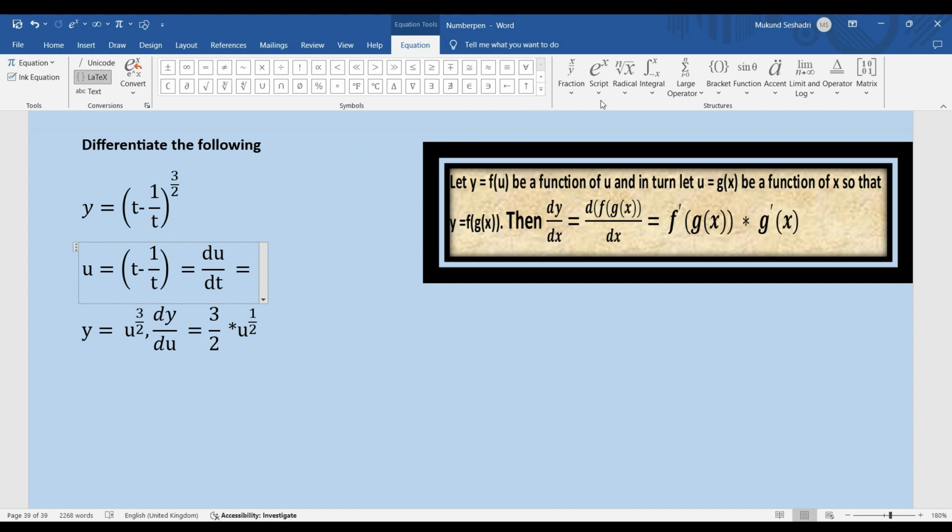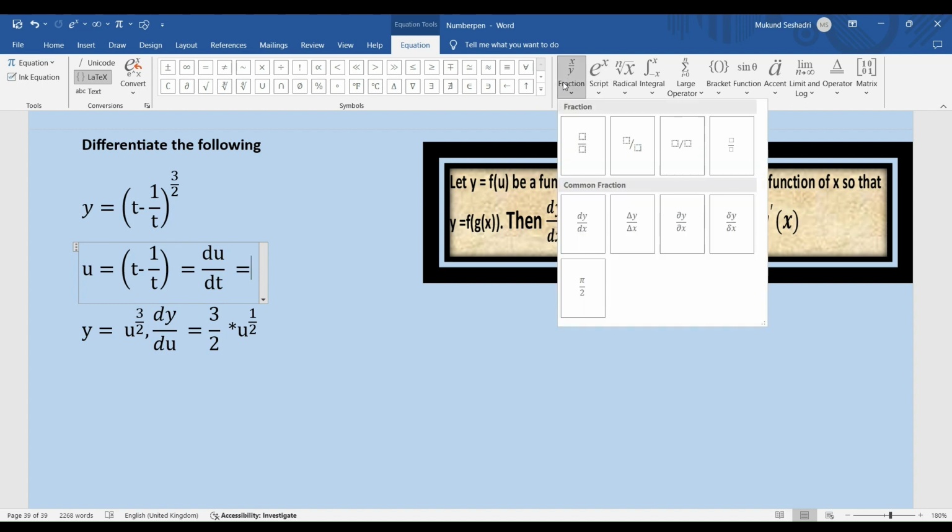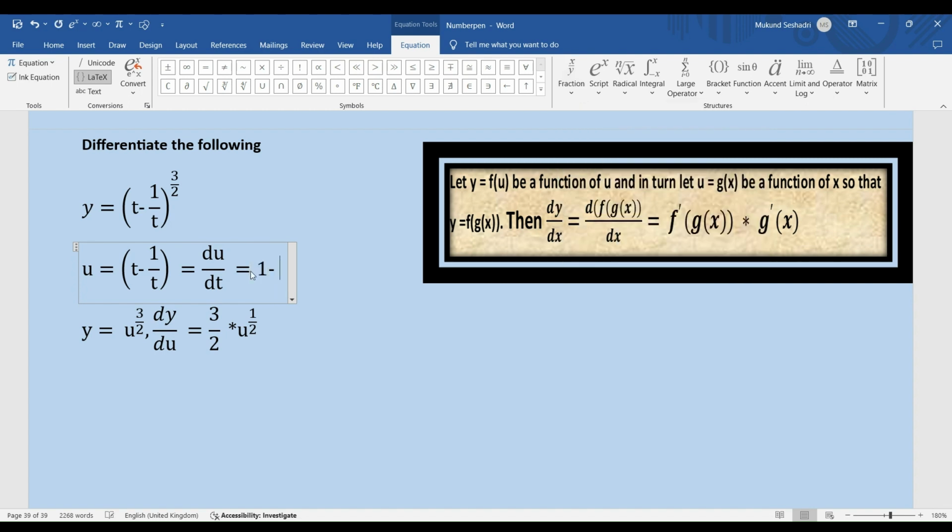My du by dt is d by dt of t minus 1 by t, right? I apply the sum rule here. So my d by dt of t is 1, and what is my d by dt of minus 1 by t, or plus 1 by t, right?